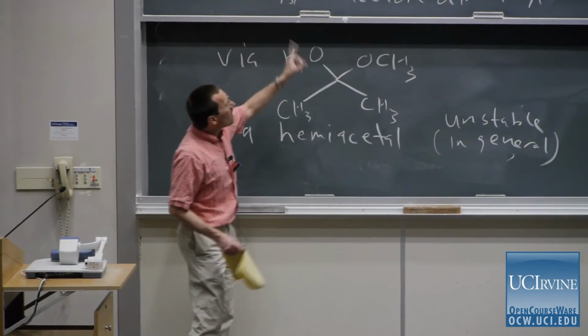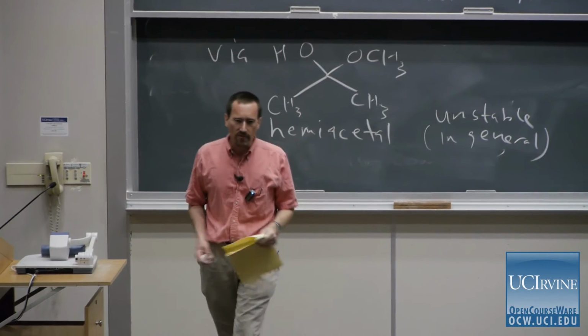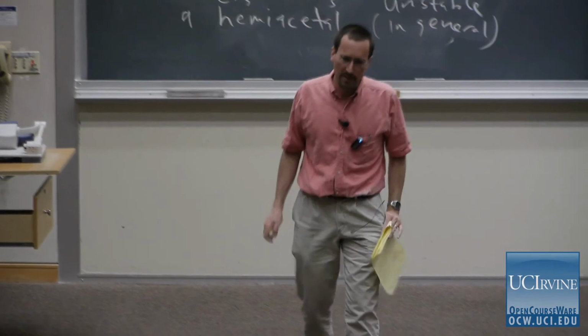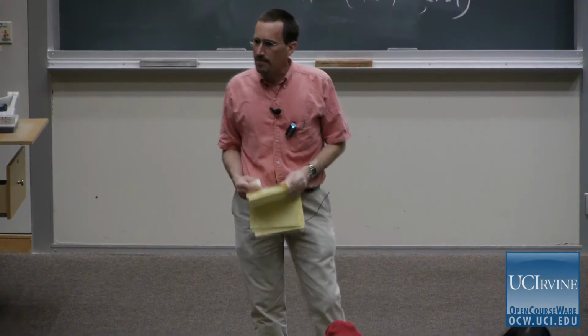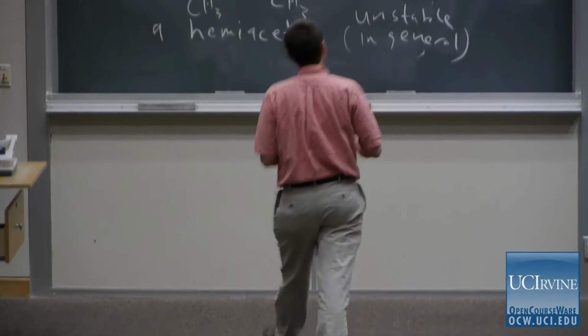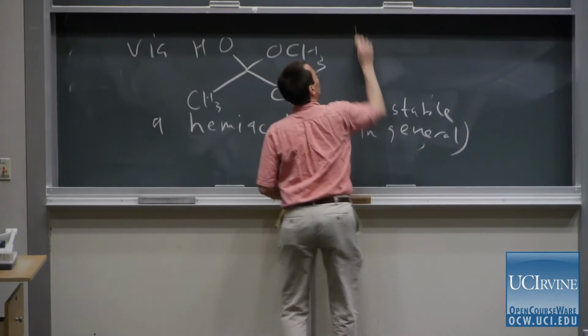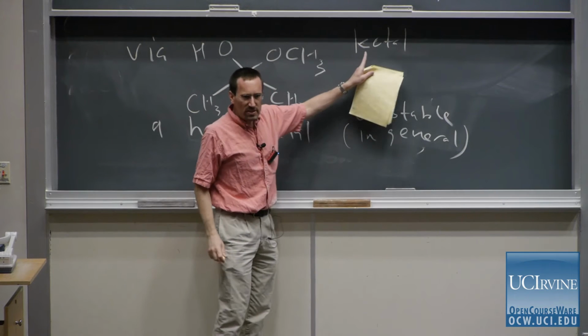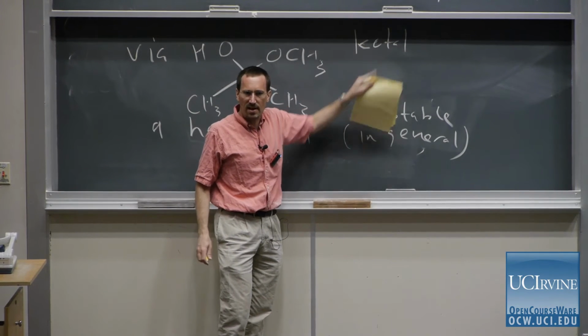Now, by the way, there's an older system of nomenclature you may see, and it may have even popped up in the sapling course. Sometimes you will see the term ketal used. It's fallen out of usage, but you'll sometimes see the term ketal used.